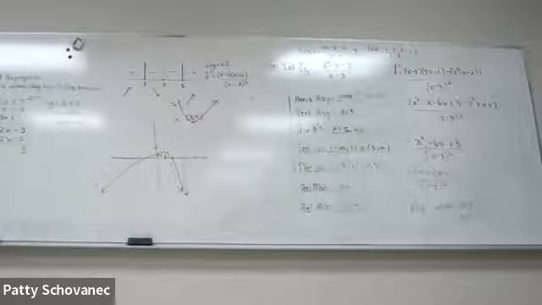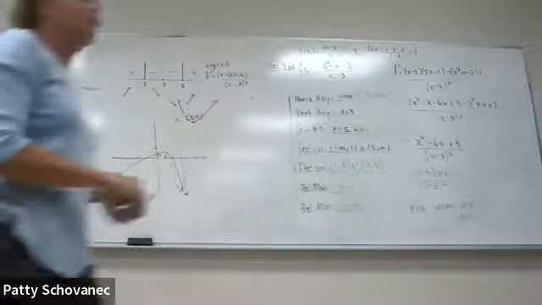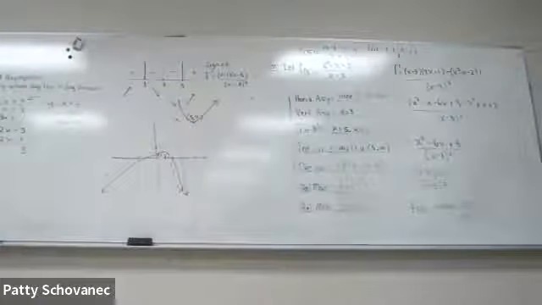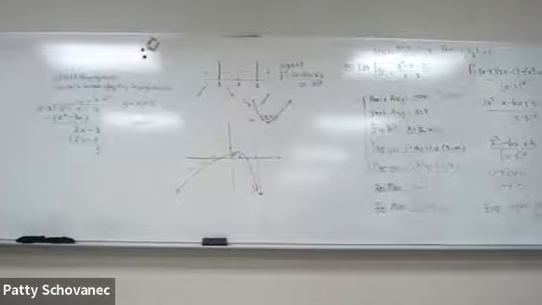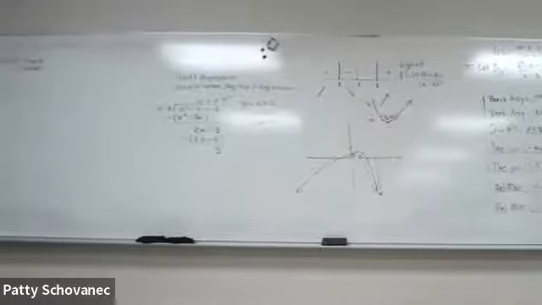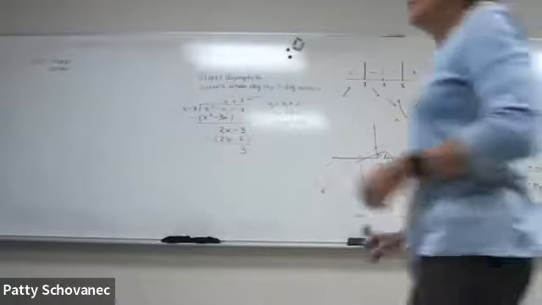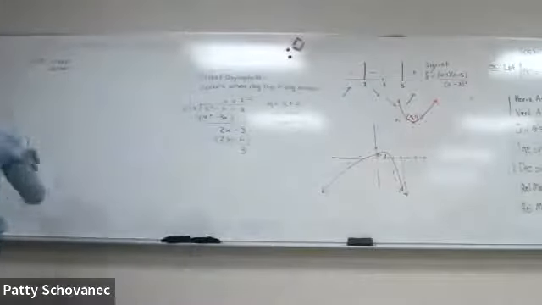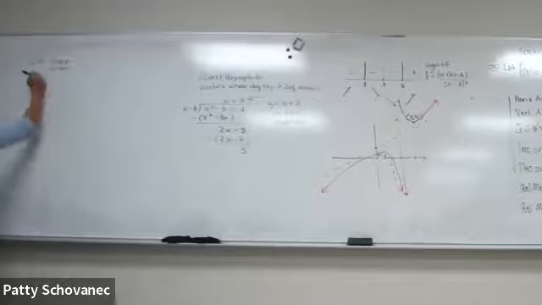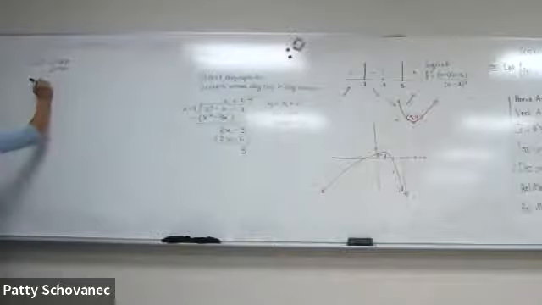But it's also going to be a place where there's no derivative. The function is going to be defined at that point, but you'll find that when you take the derivative, it's a place that makes the denominator of your derivative 0. So it's where f prime does not exist, but f does.